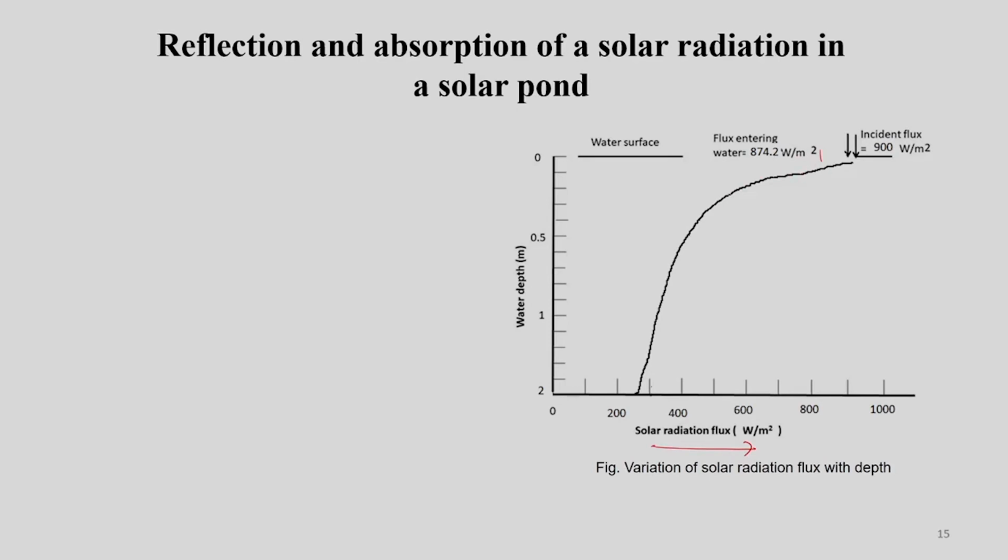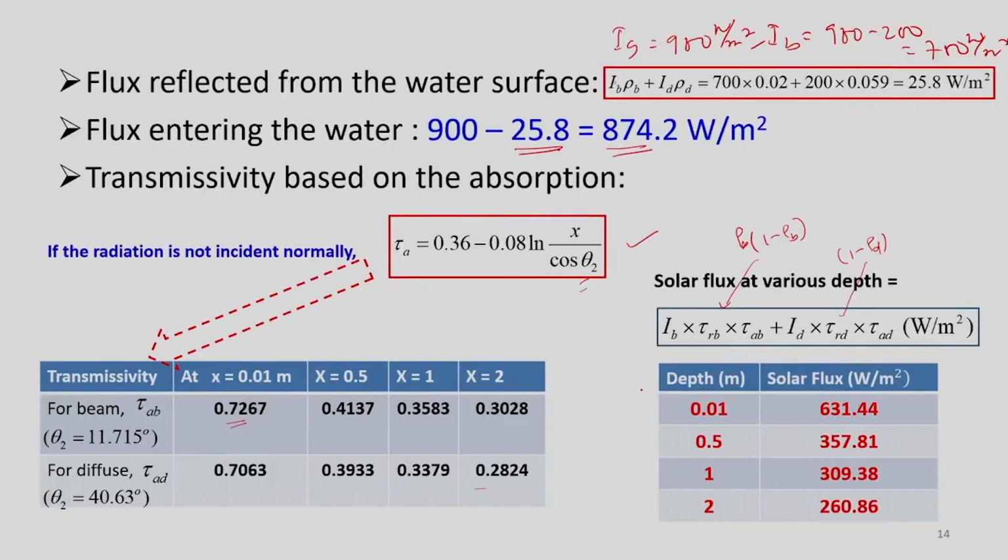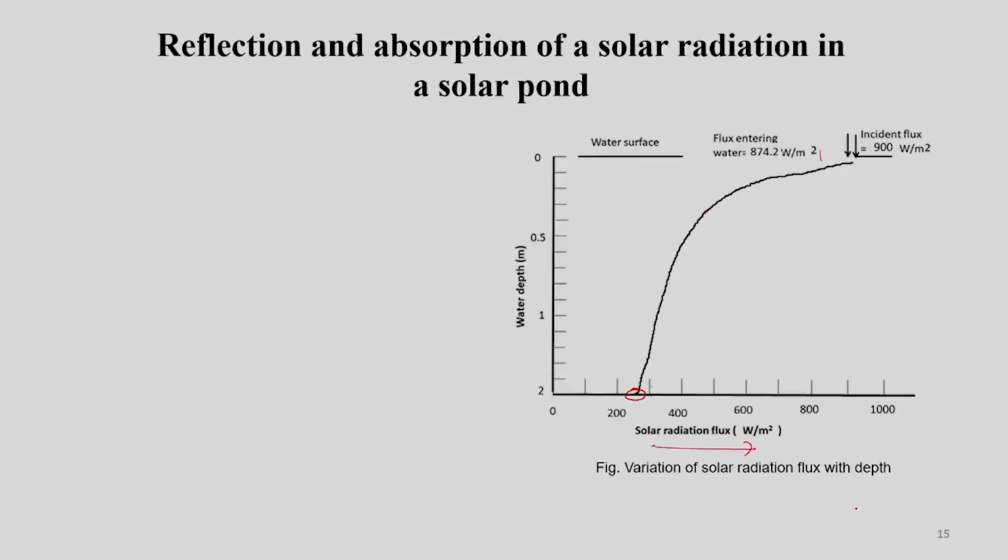Then it reduces, and finally the solar flux received is about 200 something, which was calculated in the last slide. It is about 260.86.